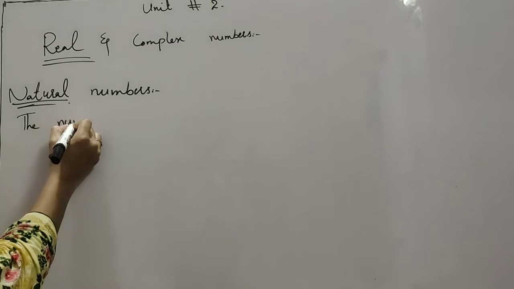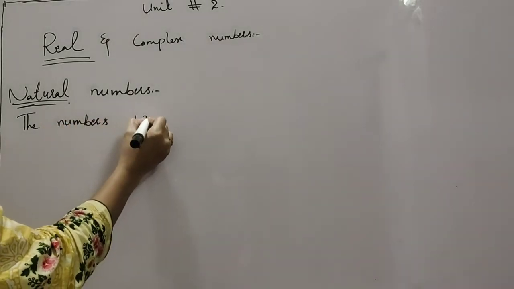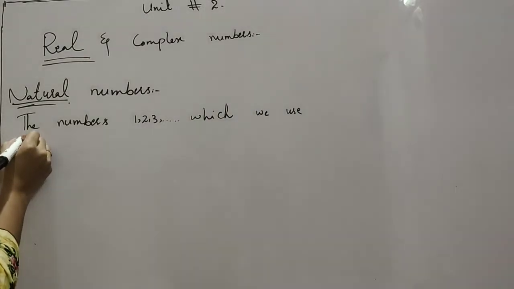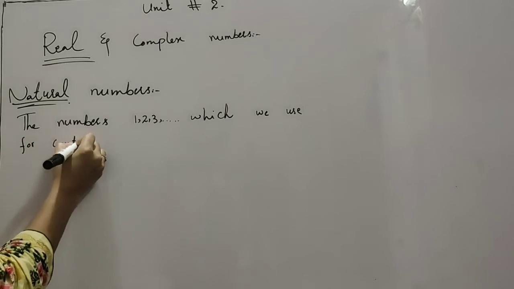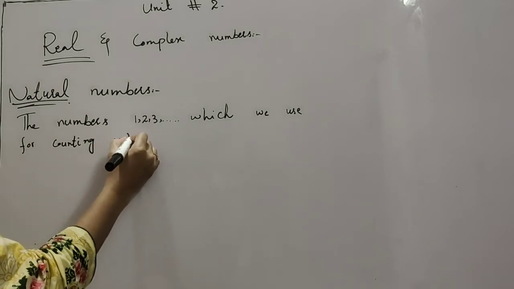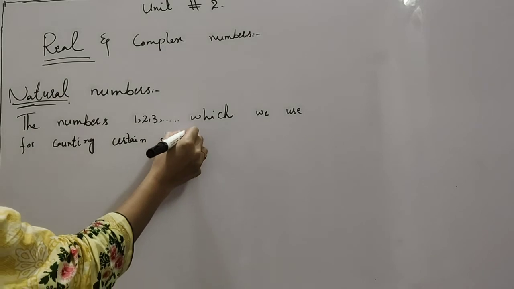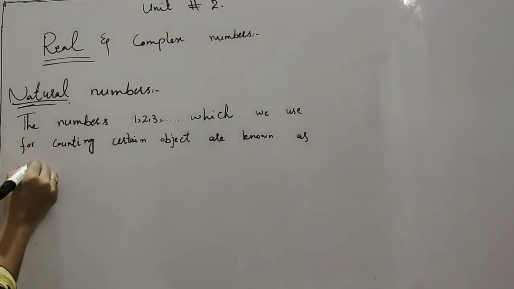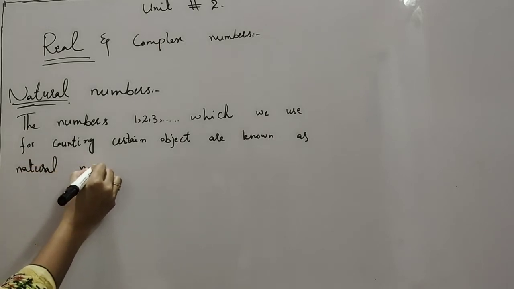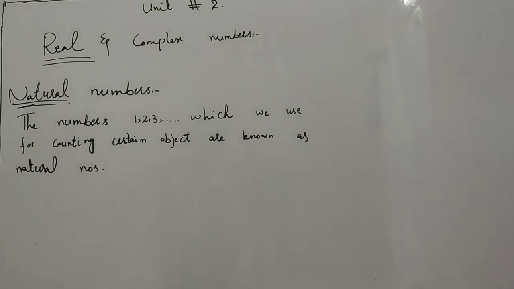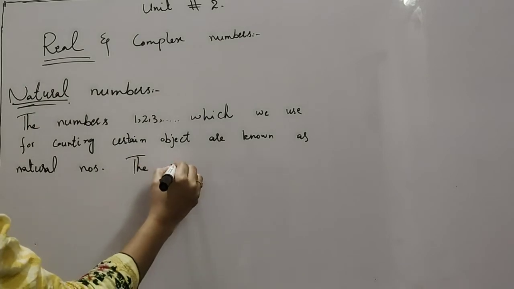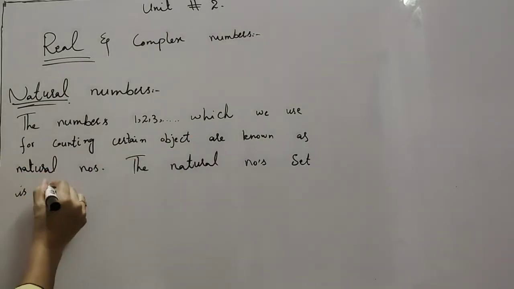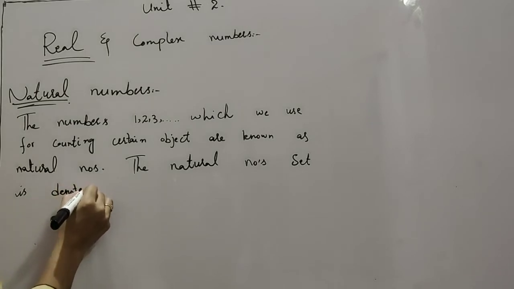The numbers 1, 2, 3 and so on, which we use for counting certain objects are known as natural numbers, and it is denoted by N. The natural numbers set is denoted by N.